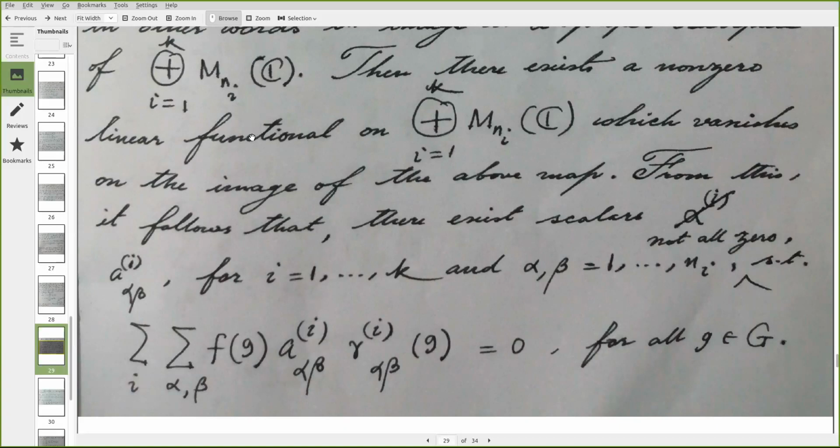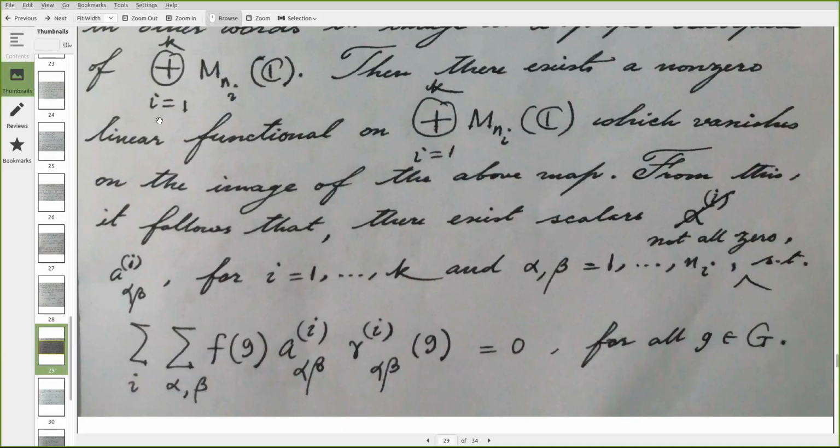This is actually just some copies of C. So therefore, this is just C^m for some big enough m. So how will a typical linear function from C^m to C look like?